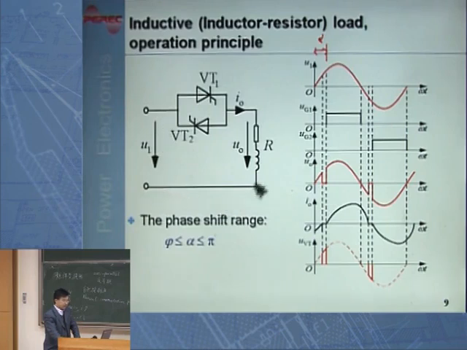So the current will be increasing in this direction through VT2, reverse direction. Similar process as in the positive half cycle.